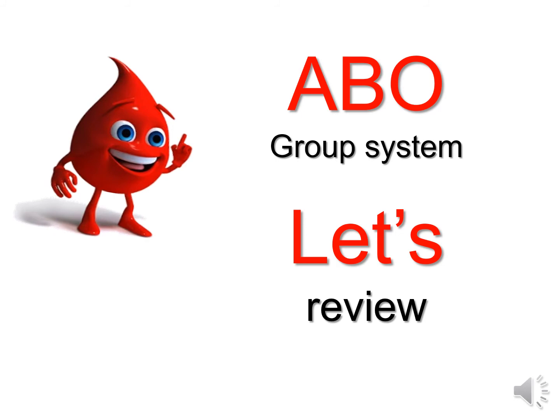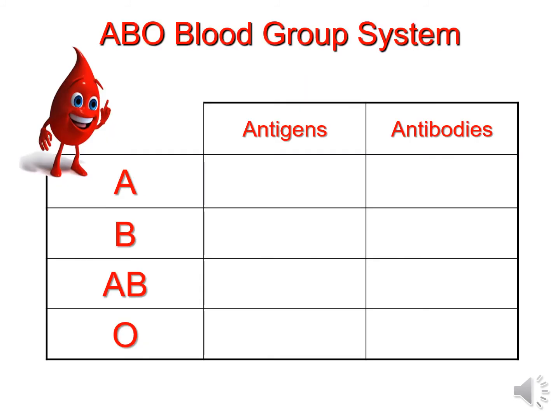So let's review the ABO group system. In the ABO blood group system, for group A we have antigens A, antibodies anti-B.